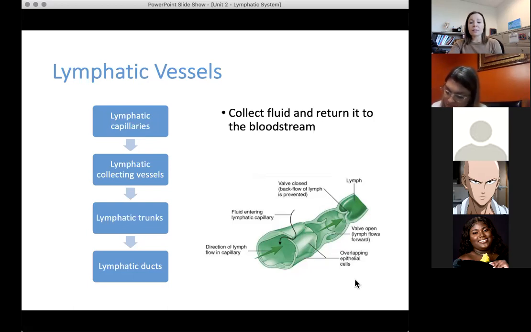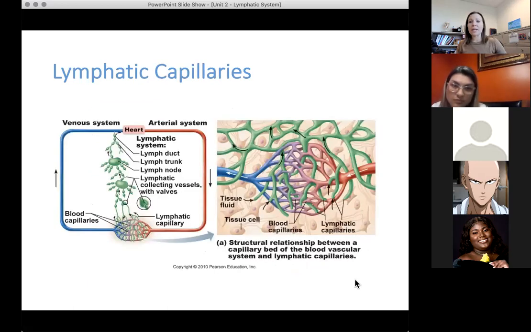Okay, there is one special type of lymphatic capillary called lacteals. Just know that these are a special kind of lymphatic capillary, and they're located only in the small intestine.